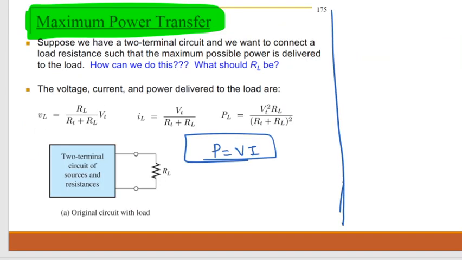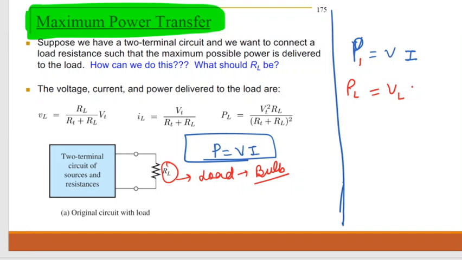Okay, so according to this, as you know, P is equal to V into I, right? For the load, as I told you, the load is the bulb. So the bulb is denoted by the load. So PL must be equal to VL into IL.